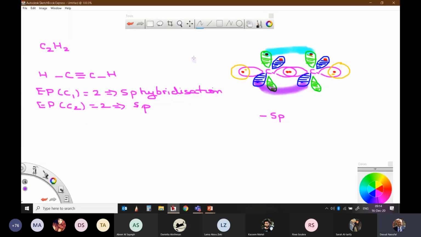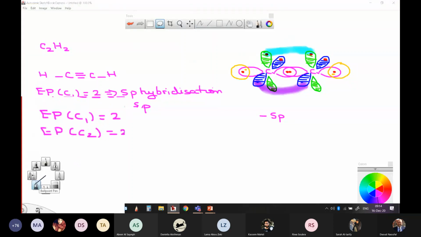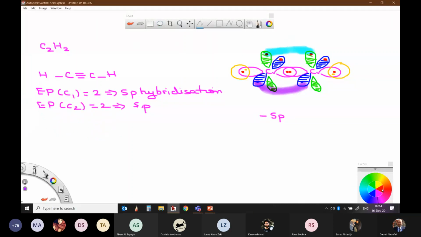So in total, we have pi between the 2 p orbitals in green, pi between the 2 p orbitals in blue. This is sigma, and sigma.